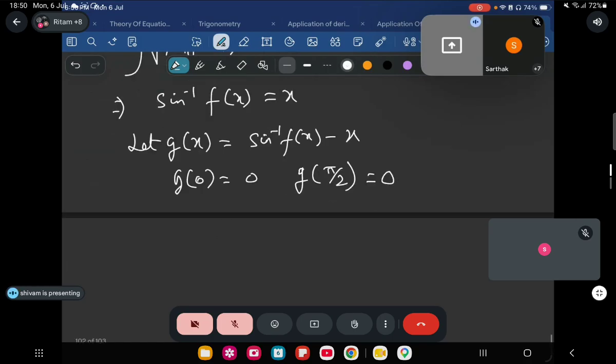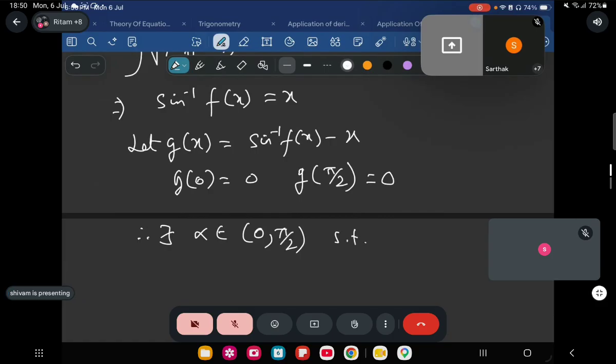So it is 0. Therefore, there exists some alpha belongs to 0 comma pi by 2 such that g dash alpha is equal to 0. This implies f dash alpha should be equal to root over 1 minus f of alpha whole square. Tell me. Are you getting?